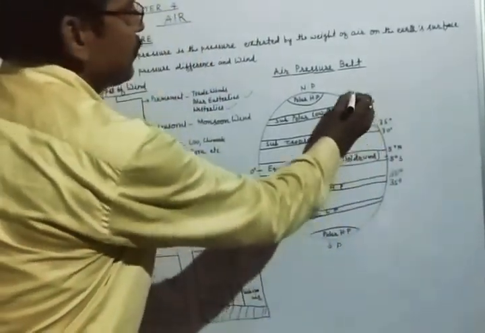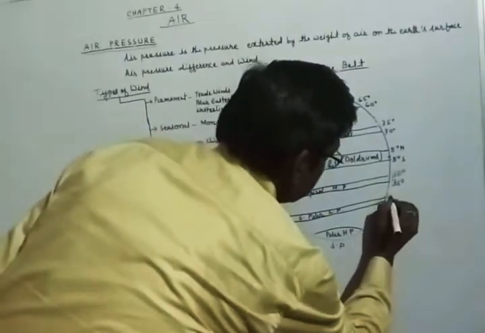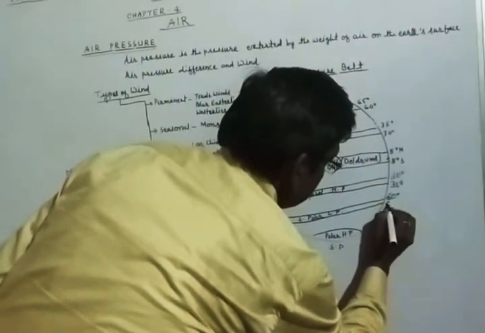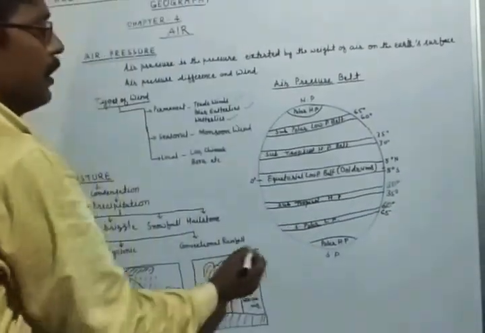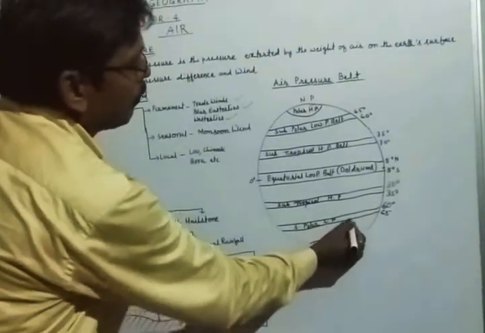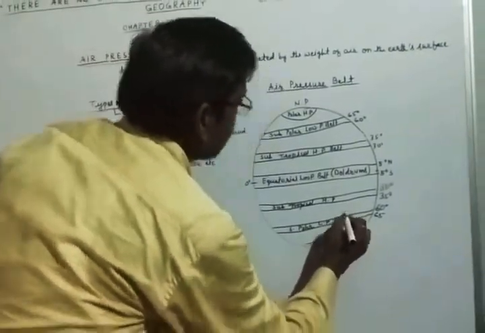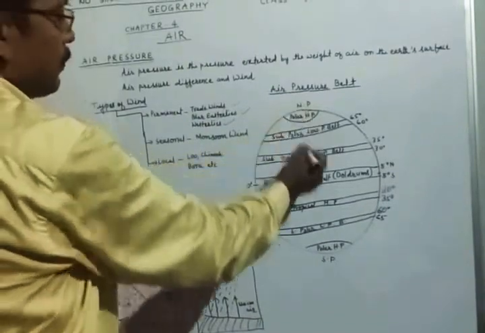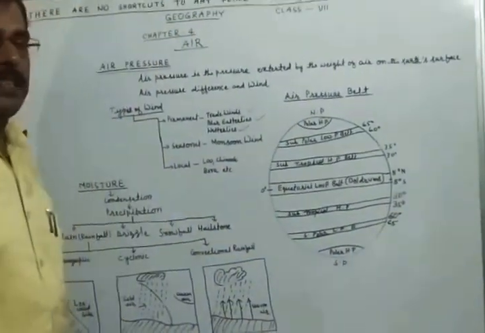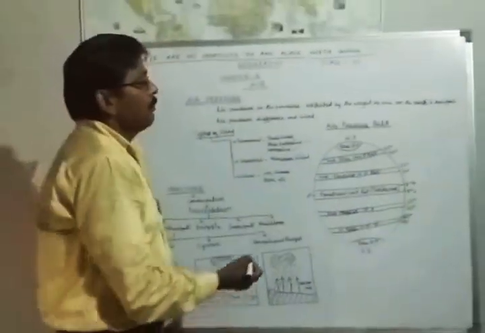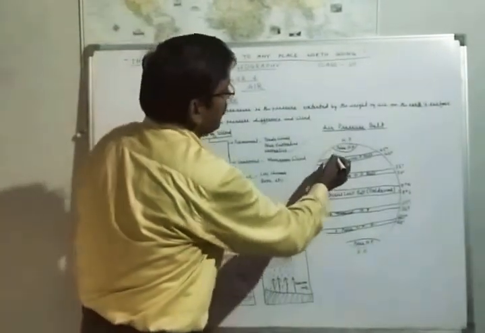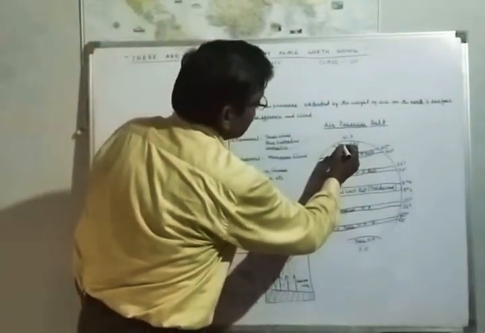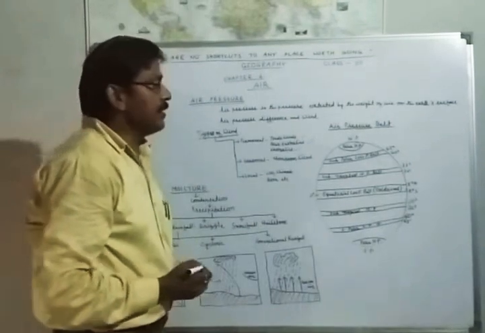And between 60 to 65 degree of latitude in both hemispheres, the pressure is low. That is called the subpolar low pressure belt. And around the North Pole and the South Pole, the temperature is low, so pressure is high.